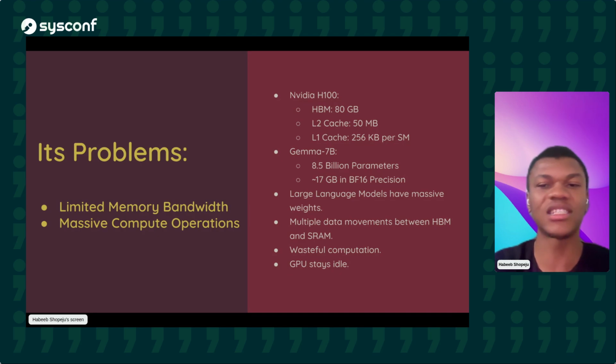Given that large language models have massive weights and there are multiple data movements of this kind, you can see that the GPU would be staying idle most of the time, because rather than on computation, a lot of time is spent moving data from the high bandwidth memory into the SRAM and the cores for compute. So what do I mean by wasteful computation?